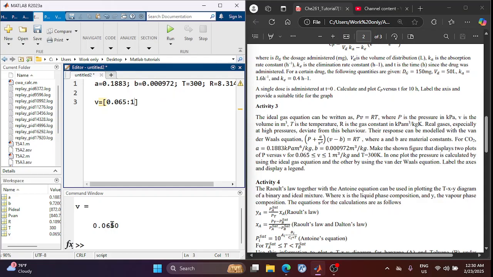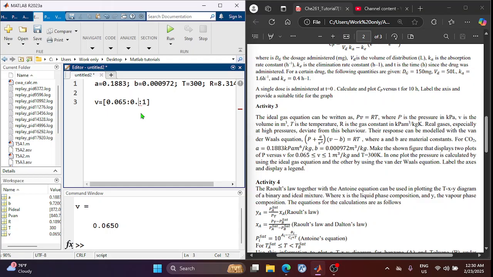So you see that for V, it displays just one value. Because when we do it this way, MATLAB is assuming that we want to add a value of 1 until we get to our last value, and it's never going to cross the last value. If I add 1 to this, it will be 1.065. It has crossed our last value, so it wouldn't include it. So if we want to get a range of values, then I have to include the step size.